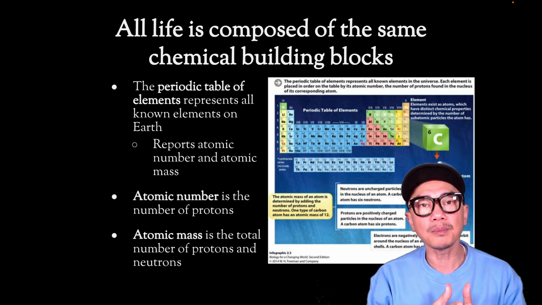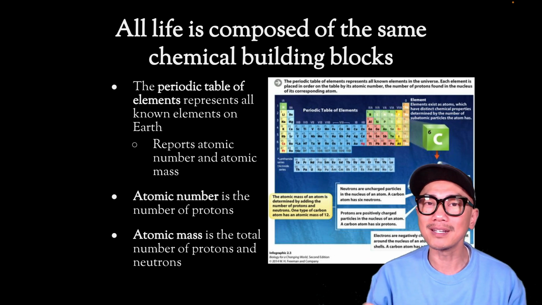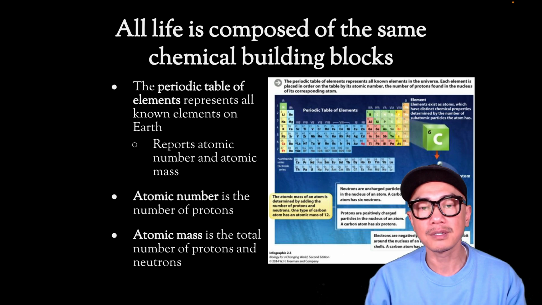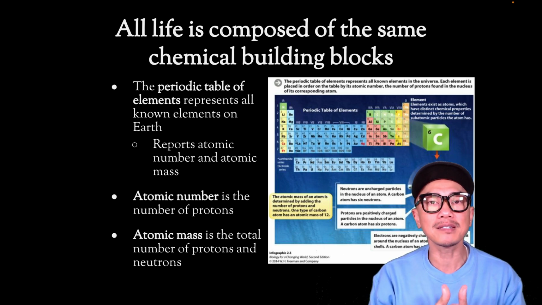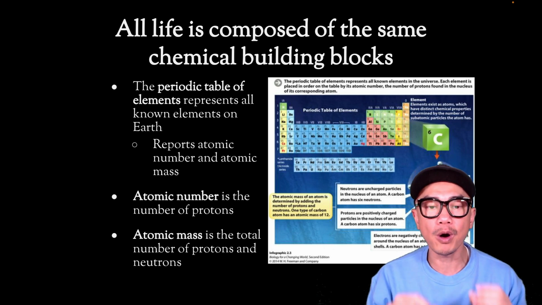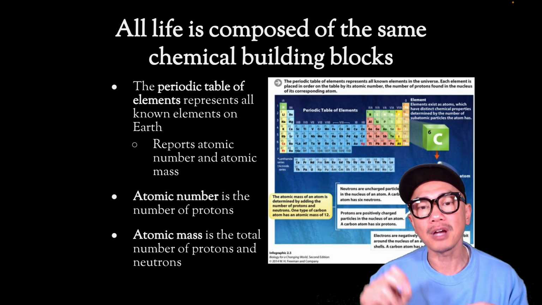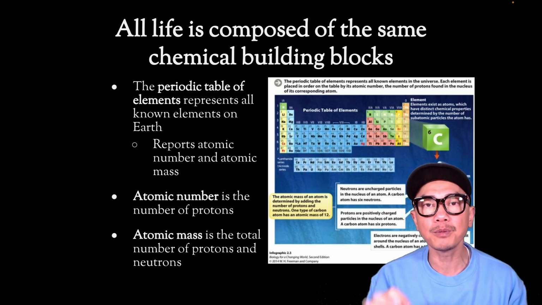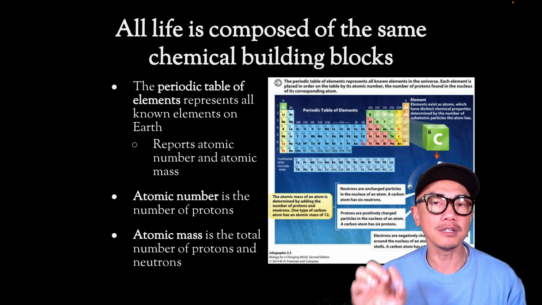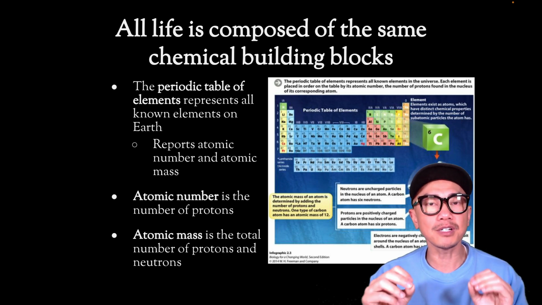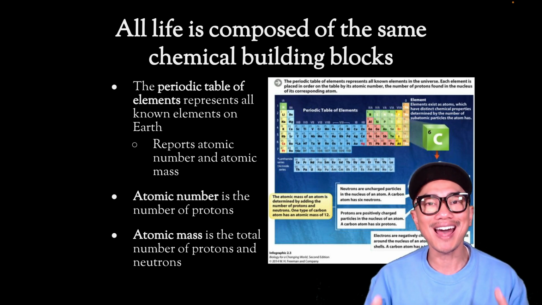The periodic table will tell you that carbon has an atomic number of 6, or 6 protons, and that it has an atomic mass of 12.011, or an average of 12.011 protons and neutrons. Atoms can differ in the number of neutrons that they have. Atoms with different numbers of neutrons are called isotopes.